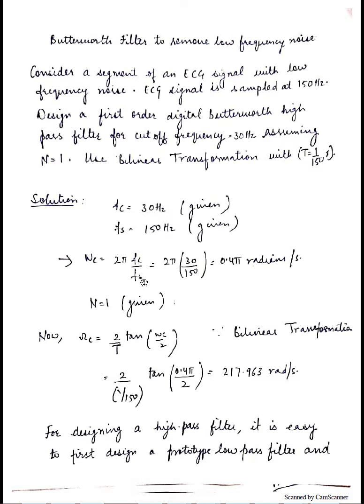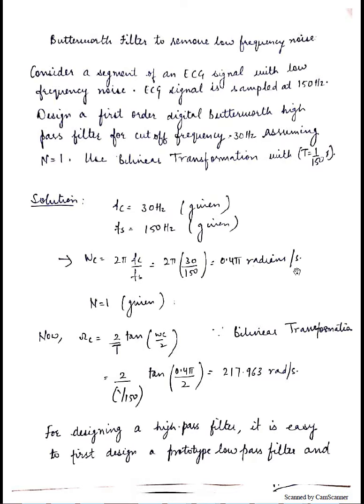Keeping the values, 2 pi 30 Hertz by 150 Hertz, you will get 0.4 pi radians per second. So this gives us the frequency in the digital domain, and it is given that we have to design a filter of order 1, that is capital N equal to 1.